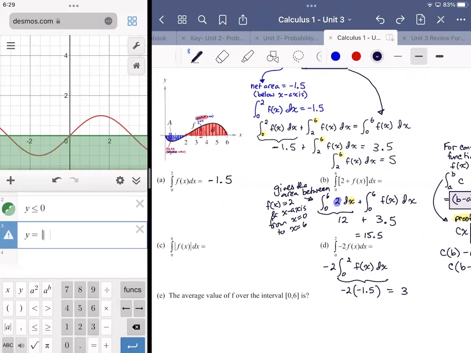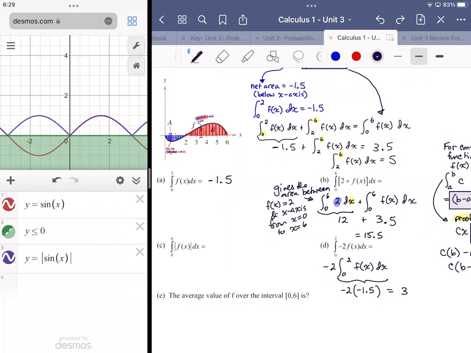So y equals the absolute value of sine of x. See, any part that was below got flipped to go upward now. Any part that was already above stayed above. So that's a little taste of the relationships that exist for absolute value functions.